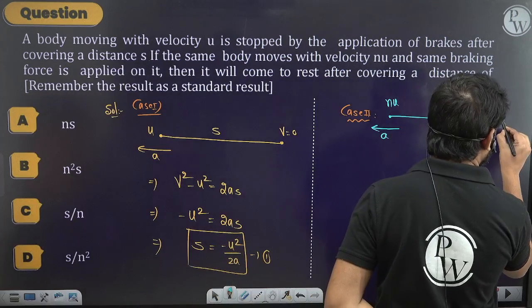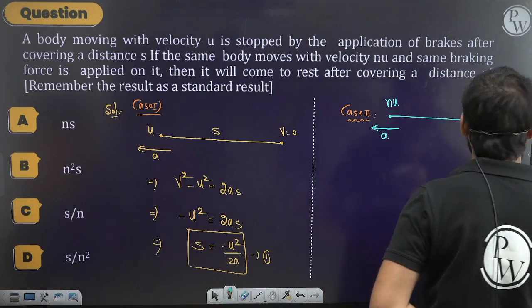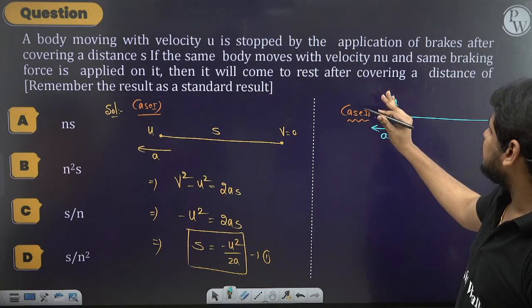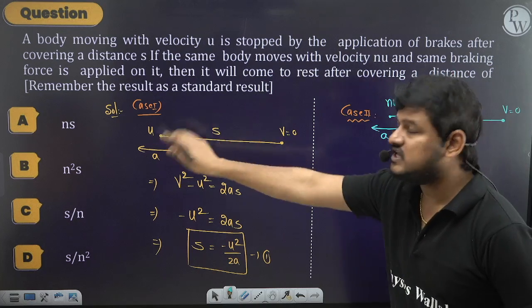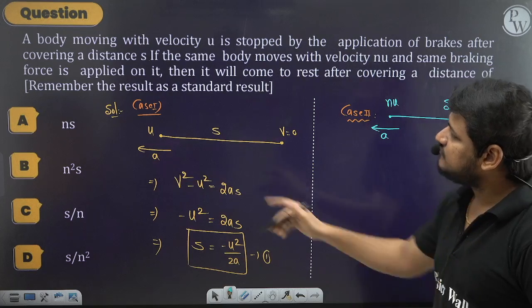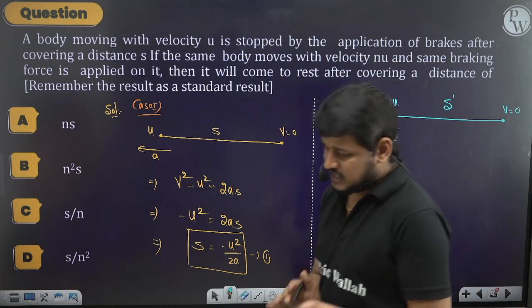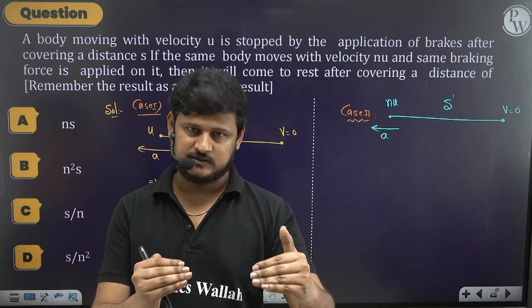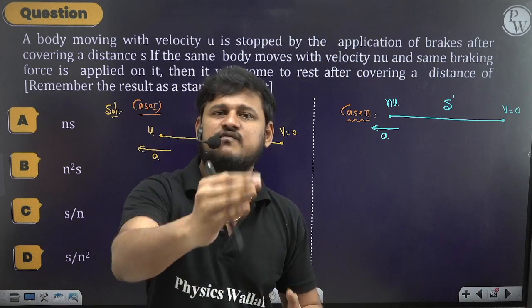Here also the body will be stopped, but here it is moving with more velocity, n times the u. Obviously it will cover some extra distance if you apply the same braking force. Let's suppose I am moving at 40 km/h, I applied the braking force, and I stopped after some 100 meters.